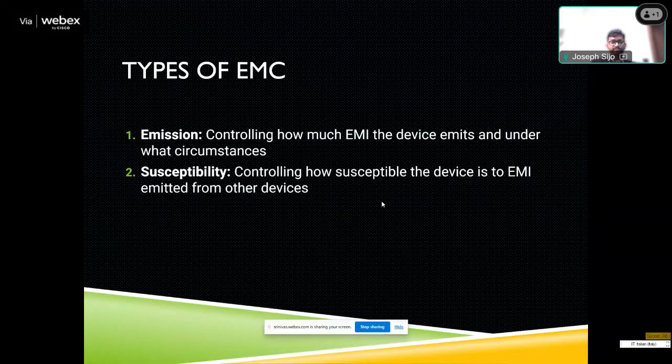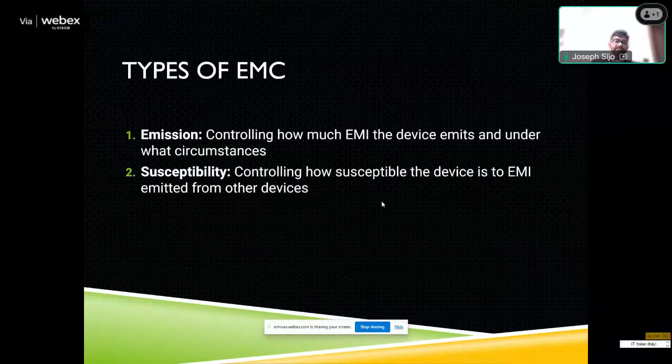As we know, emission is when something is emitting radiation in the form of waves, heat, or different forms of radiation we can see in daily life. Electromagnetic interference is also an emission, which we can see in different electrical and electronic circuits.